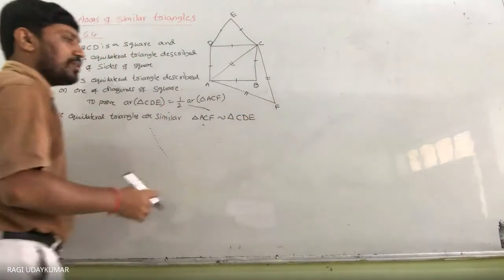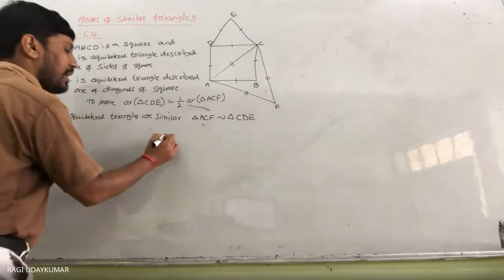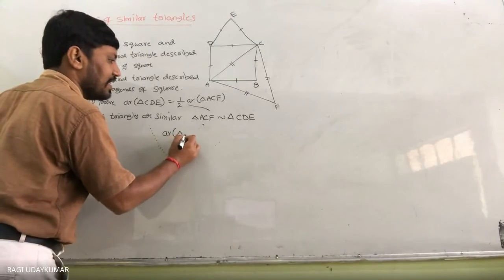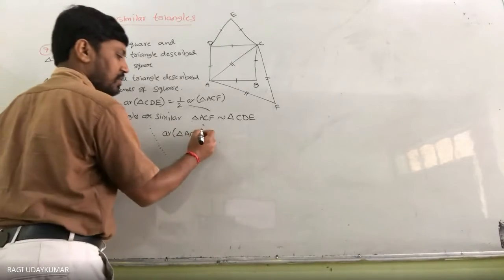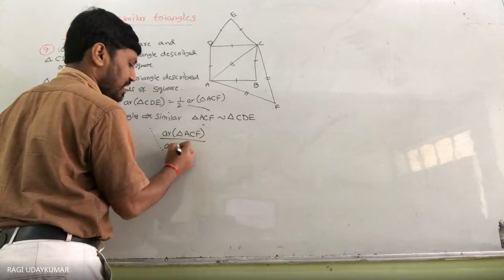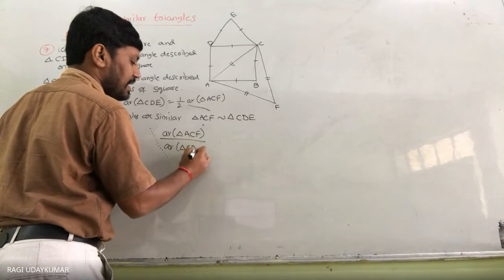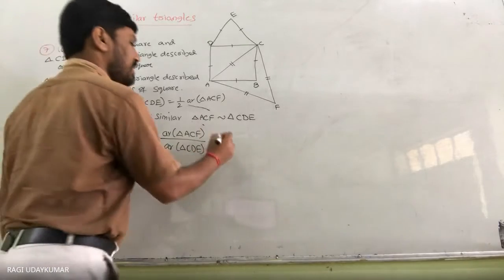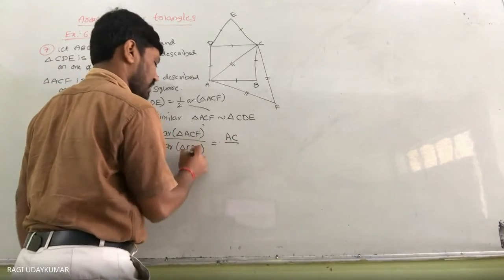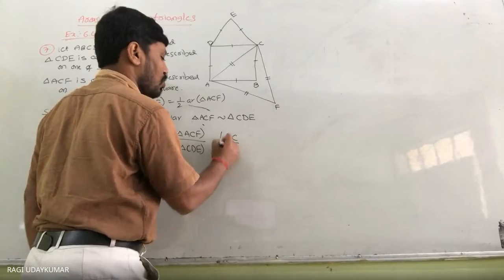So area of triangle ACF by area of triangle CDE is equal to, you can write here, (AC by CD) whole square.